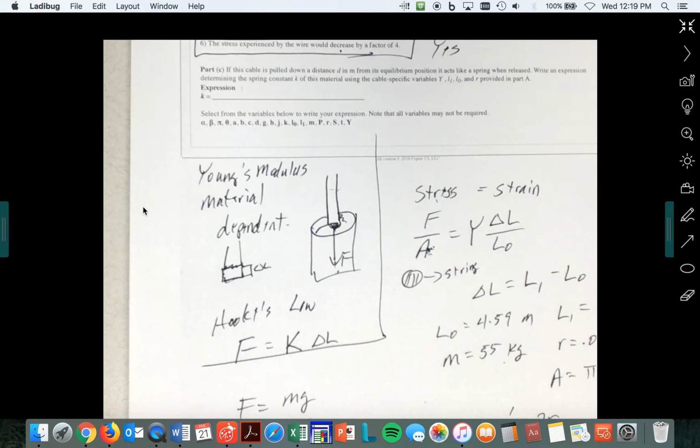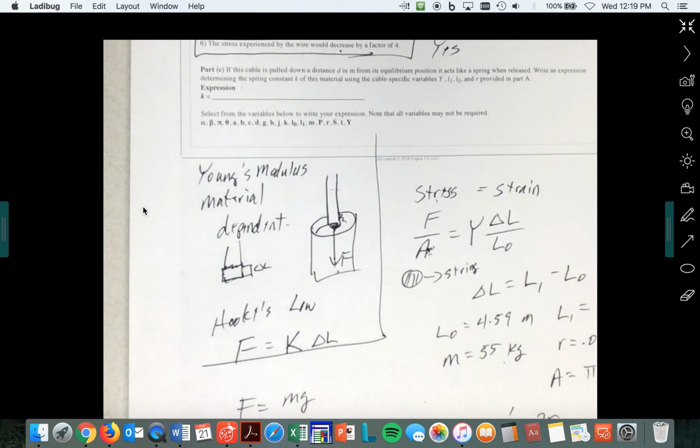Yes, we can. All right, so it says, if the cable is pulled down a distance d from equilibrium position, it acts like a spring when released. Write an expression that determines the spring constant k. It says write an expression for the force constant using Y, A, L naught, and r provided in part A.